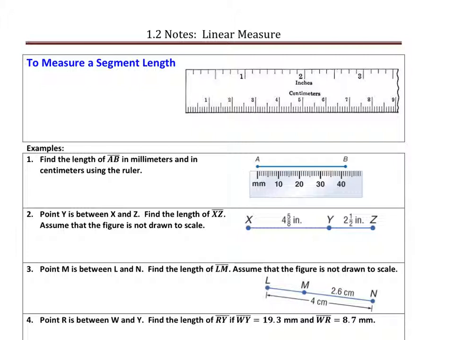If you wanted to measure some small segment length, then you need to use a unit that's appropriate for something small. In my course, when we measure or construct things, we will always use millimeters. So I want you to write that down on your notes.